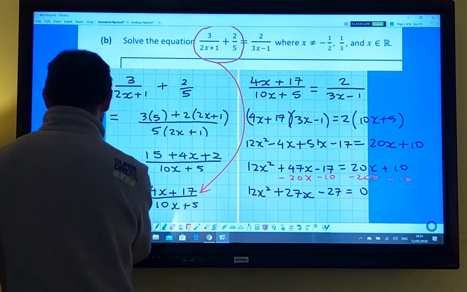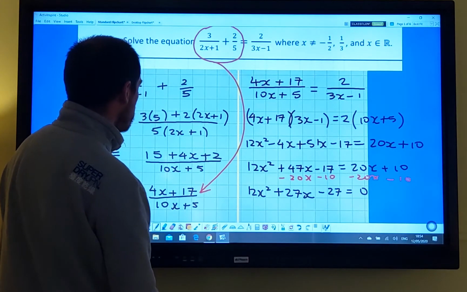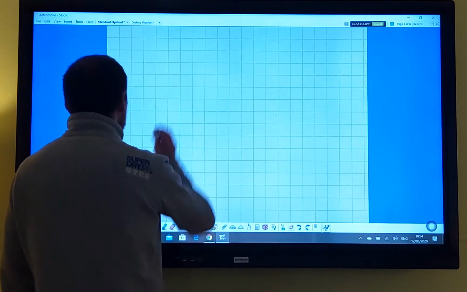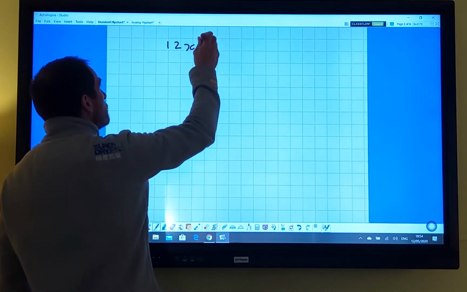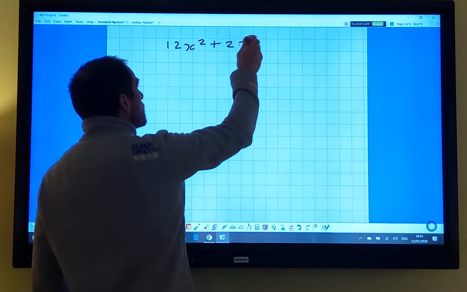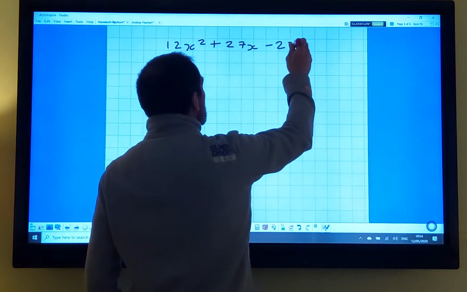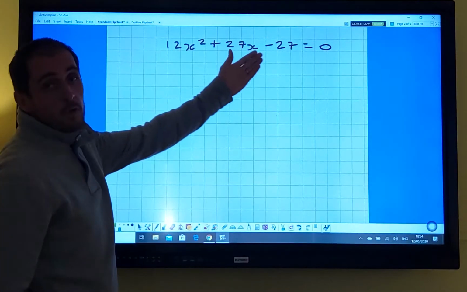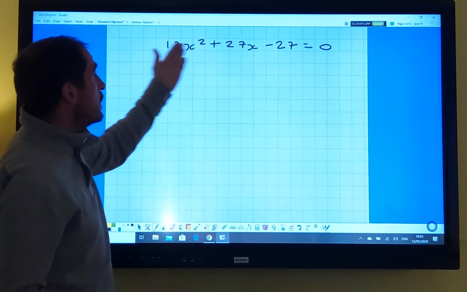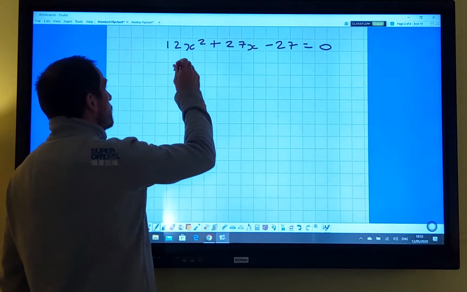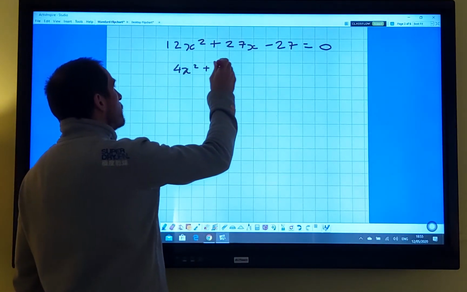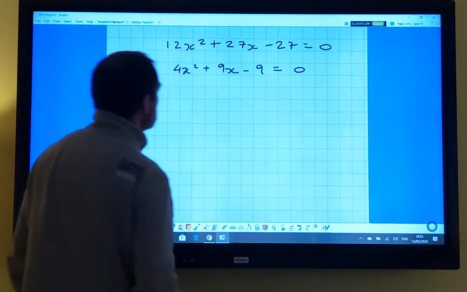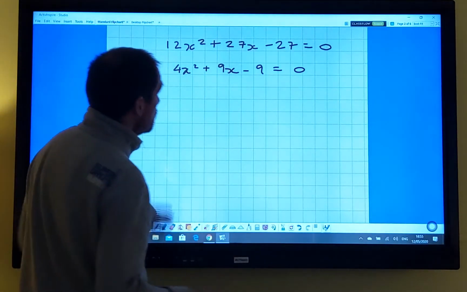I'll move to my next page now. So what I have is 12x squared plus 27x minus 27 equals 0. If you practice, it comes naturally that 3 divides evenly into each of them, so 4x squared plus 9x minus 9 is equal to 0. This just comes with practice.